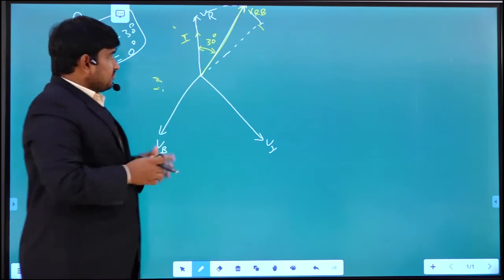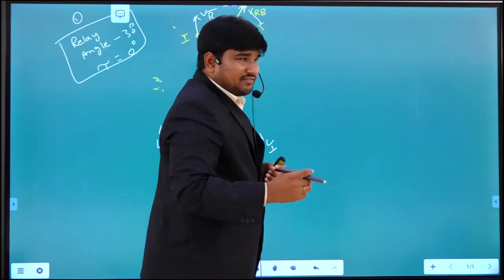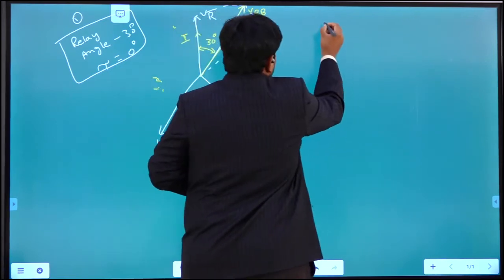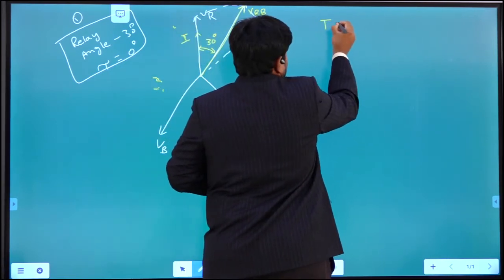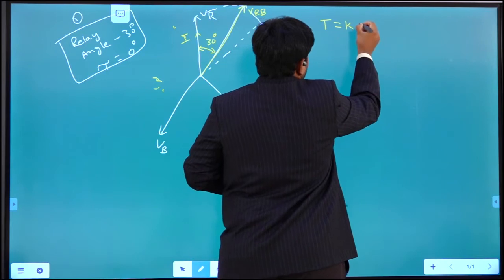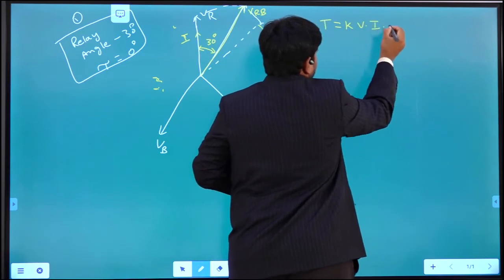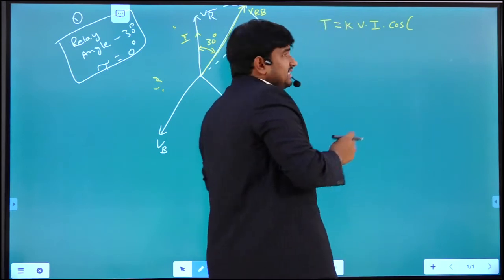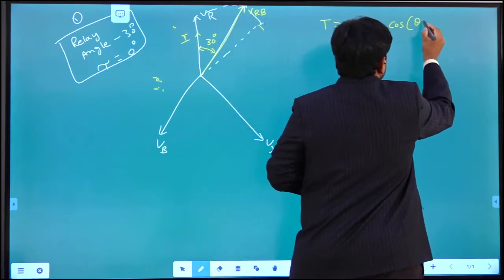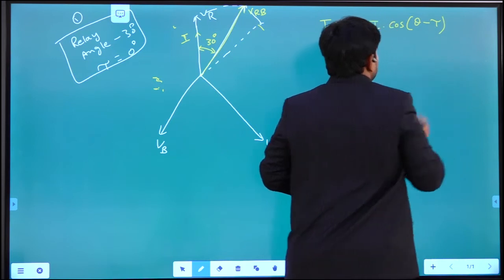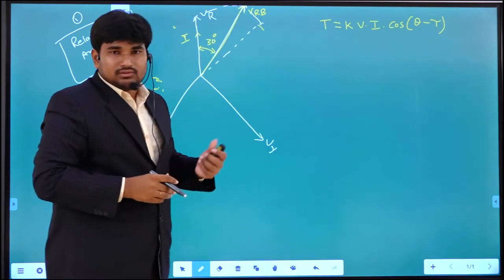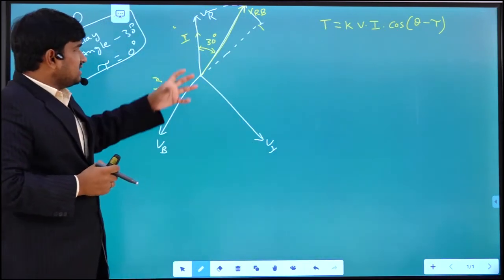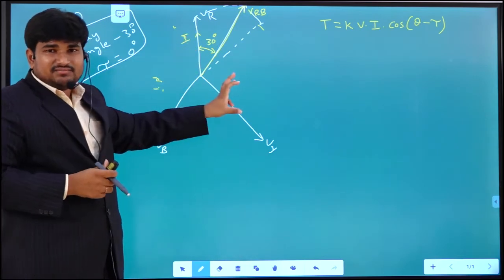Now let me calculate the torque equation. The torque is equal to K into V times I into cos of (theta minus tau). Now in this case, what is theta?